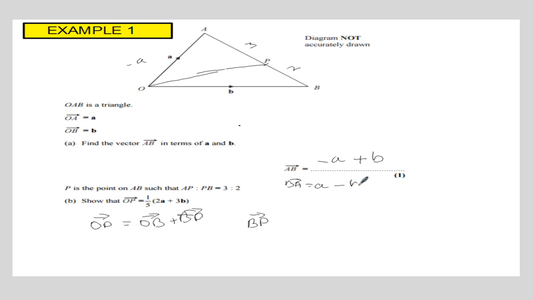So it's A minus B. So if AB is minus A plus B, BA is A minus B. So BP is basically a fraction of that vector here. It's 2/5 because it's 2 parts of the 5 parts. So BP is 2/5 of BA, which is 2/5 of A minus B.